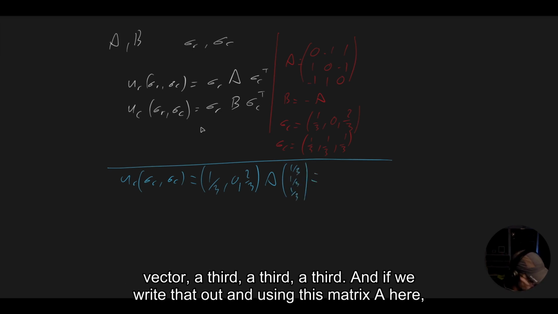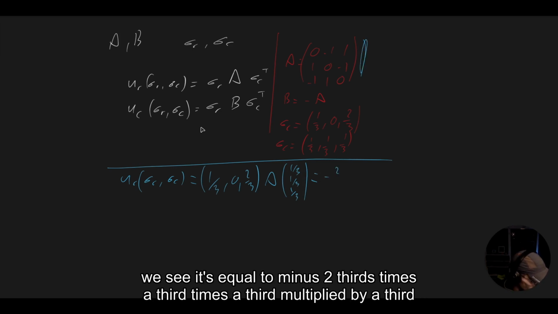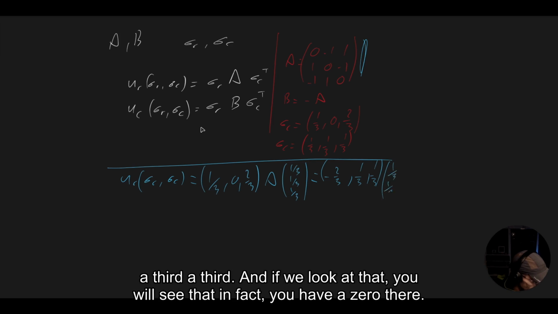And if we write that out using this matrix A here, we see that's equal to minus 2/3 times a third times a third, multiplied by a third, a third, a third. And if we look at that, you will see that in fact we have a 0 there.